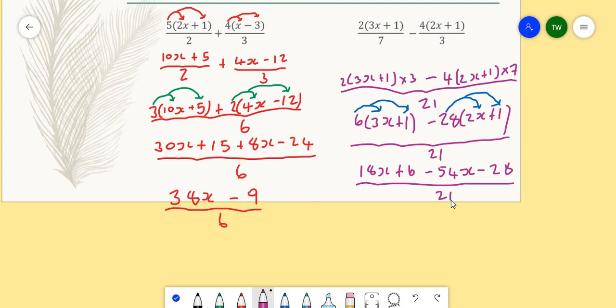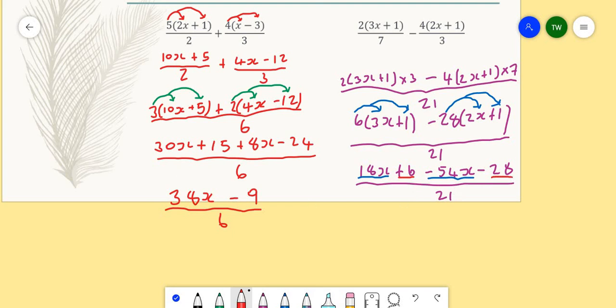At this stage now, you can do an additional step, which is to group the like terms, right, and then combine. But I am just going to highlight the like terms for you to see and just combine it. So here we have an 18x and I have a minus 54x. These are like terms. And I also have a plus 6 and a minus 28. So these are like terms.